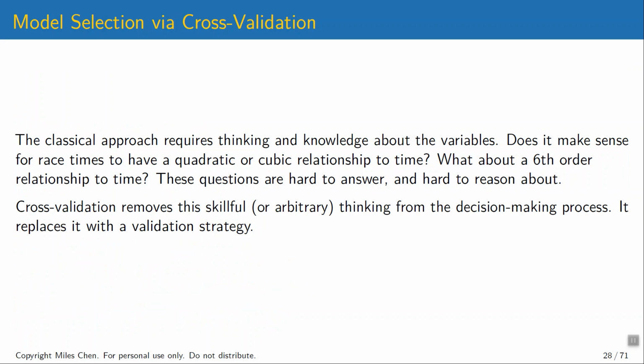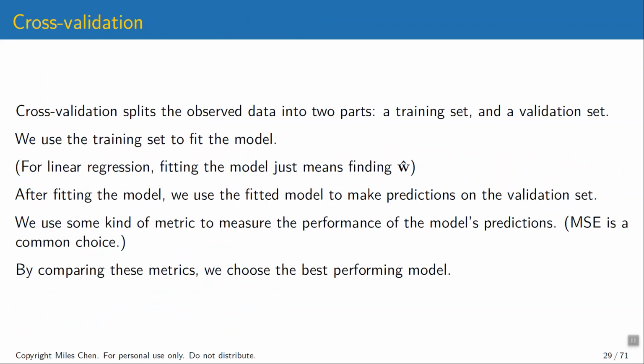In cross-validation, we take all the data that we have and split it into a training and a validation set. In our Olympics data set, we've got 28 observations across a little over a century of Olympic events, and we break that into training and validation. What we do is fit a model on the training data.